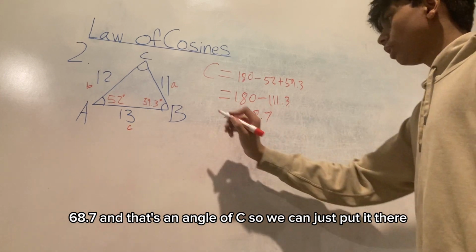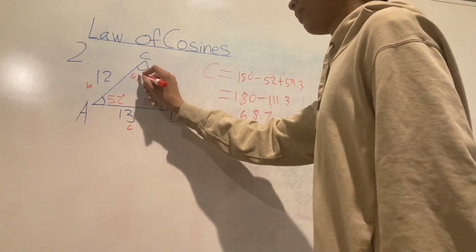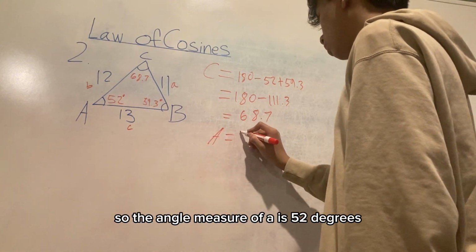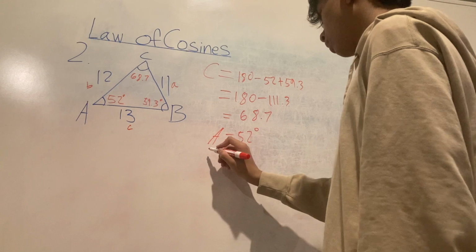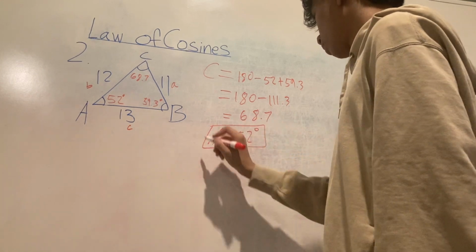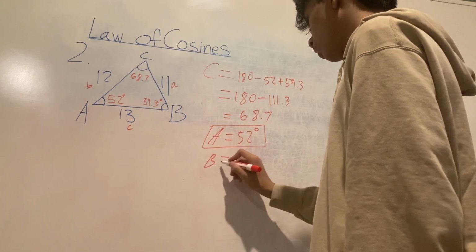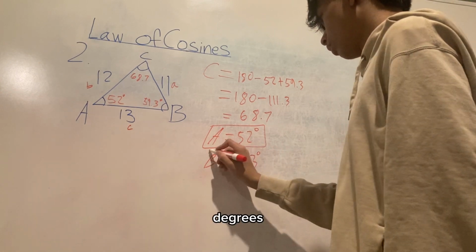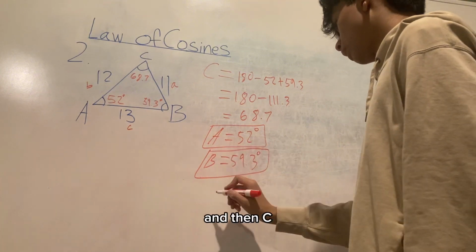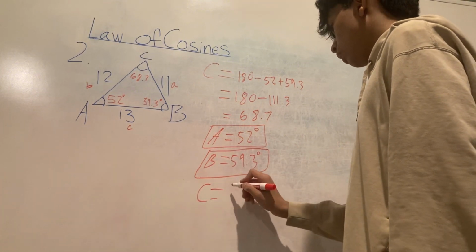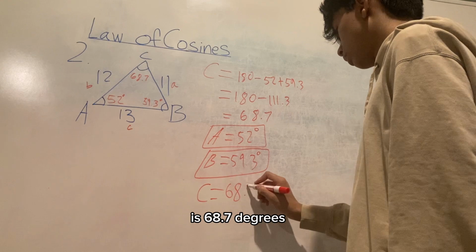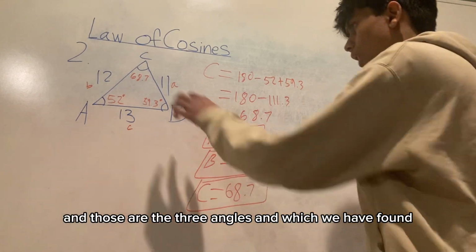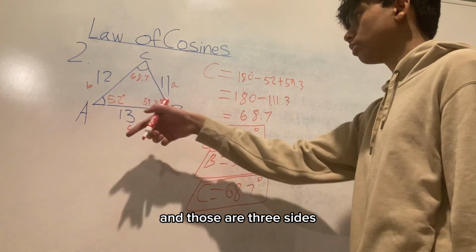And that's the angle of C, so we can just put it there. So the angle measure of A is 52 degrees, and then B is 59.3 degrees, and then C is 68.7 degrees. And those are the three angles which we have found, and those are three sides.